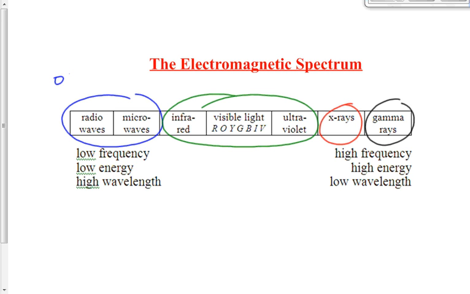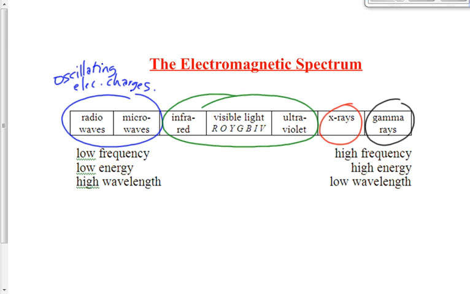So these are all produced in one way or another by electric charges going back and forth. We said radio waves are produced by AC current in your houses, because that's electric current, electrons that are going back and forth 60 times per second. That's pretty low frequency radio waves, but still radio waves nonetheless.